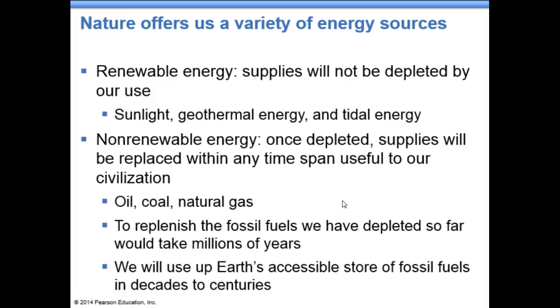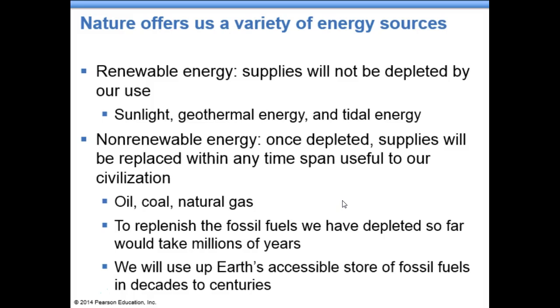Sunlight, geothermal energy, and tidal energy are considered perpetually renewable because they are readily available and replenished daily, and we can continue to use them without depleting them. But non-renewable items such as coal and oil and natural gas result from ongoing natural processes that took thousands of years to generate.